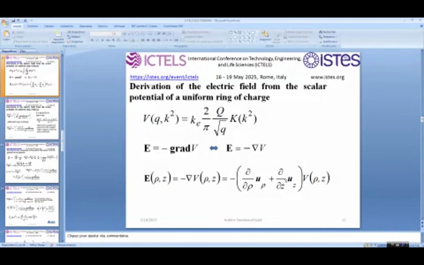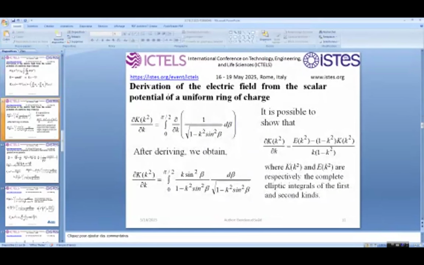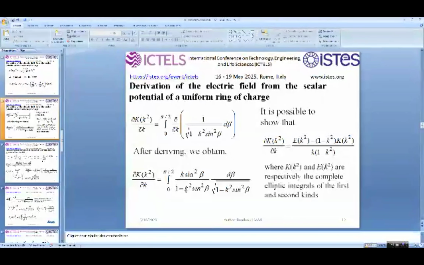We start with the axial component: derivation of the electric field from the scalar potential of the uniform ring of charge. We make some derivation. This is the partial derivative of the complete elliptic integral of the first kind. After deriving, we obtain this function.